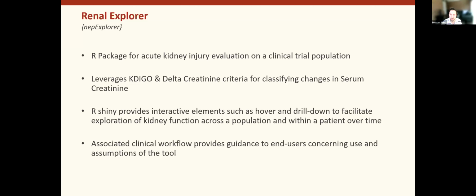There's an R-Shiny application included within the package that provides some interactive pieces, so you can hover and drill down, change settings, zoom in. And all of that is to facilitate exploring kidney function, both across the population of the study and within a patient over time. Along with this, Jim sort of alluded to this earlier, there's a clinical workflow that's associated with it that'll provide guidance for users on how to use it and what are the key assumptions of the tool.